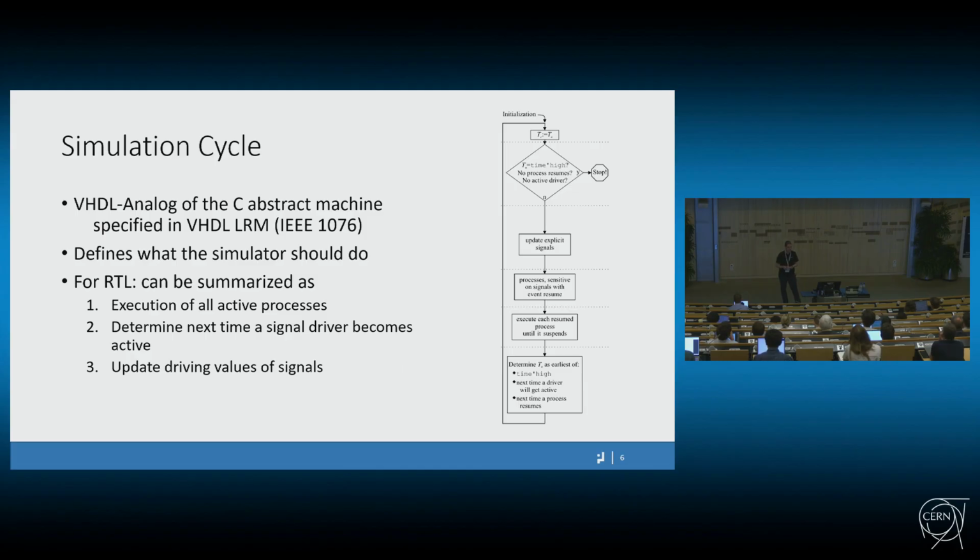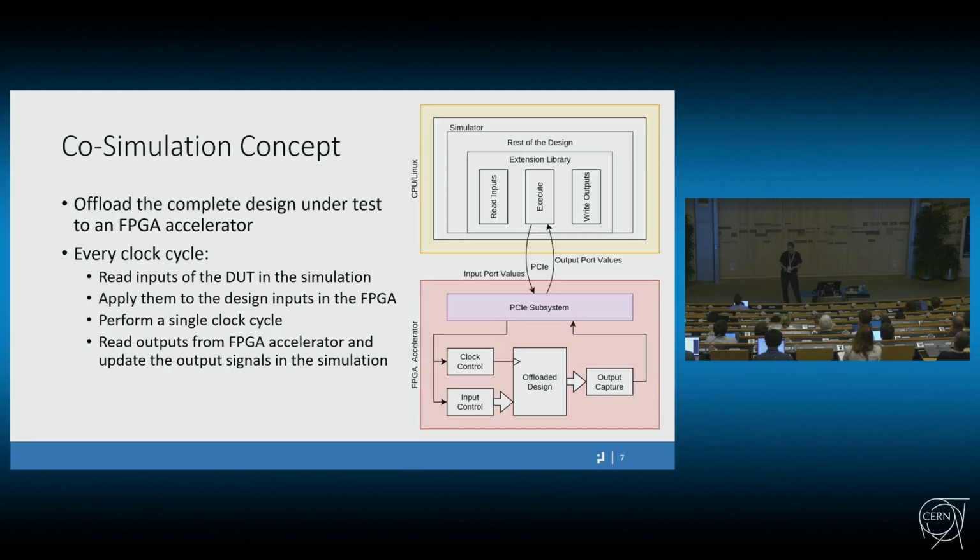And you do this until you stop the simulation. Especially if you have multiple processes in series between register stages, then you need to iterate these 3 steps multiple times per clock cycle.